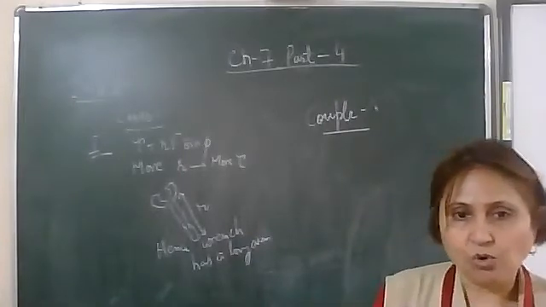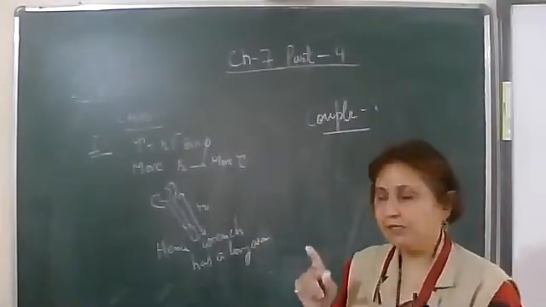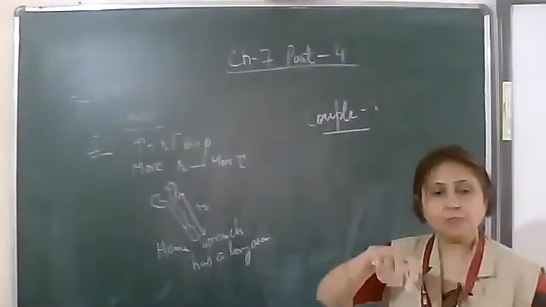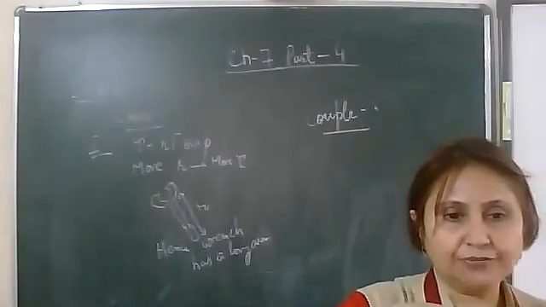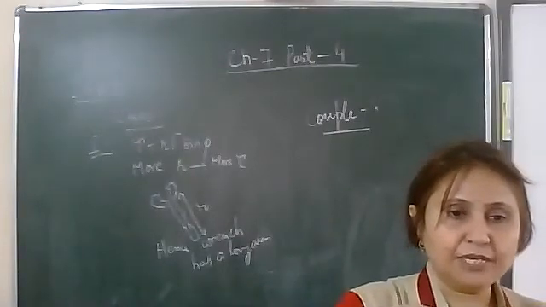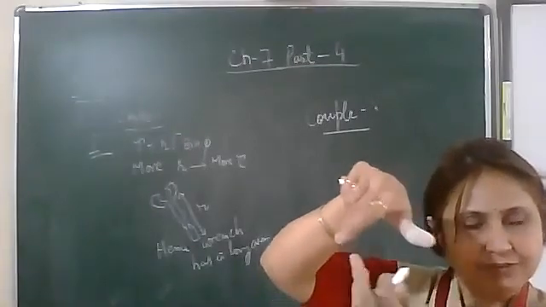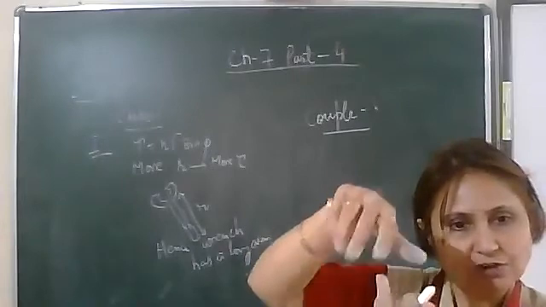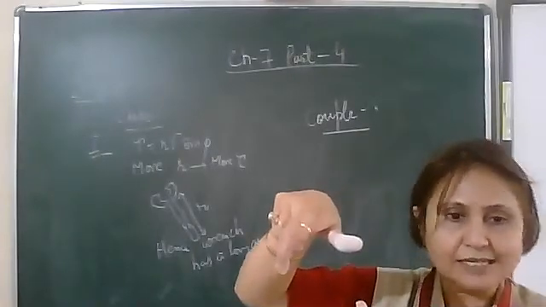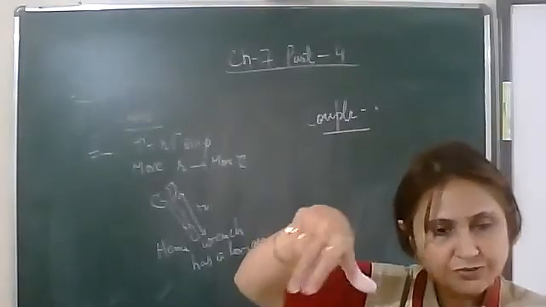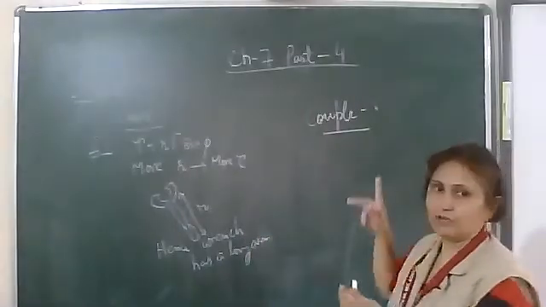But when you are opening the lid of a bottle, you apply force from your thumb along one direction and from your fingers along the other direction. If this is clockwise, this will be anti-clockwise. So two equal and opposite forces act at the two ends, which rotate the body. These we call a couple.